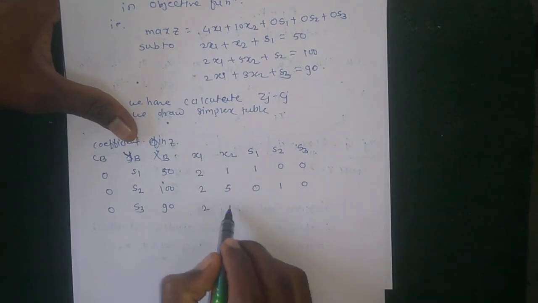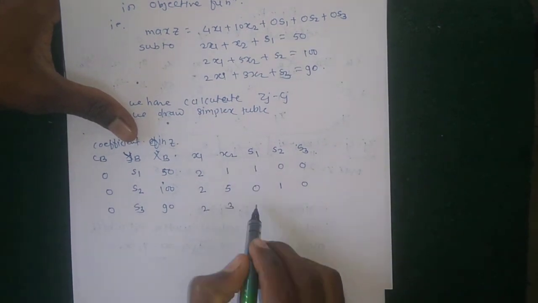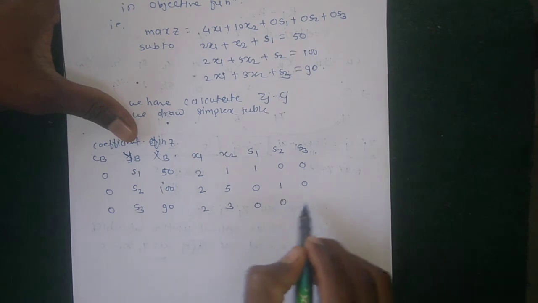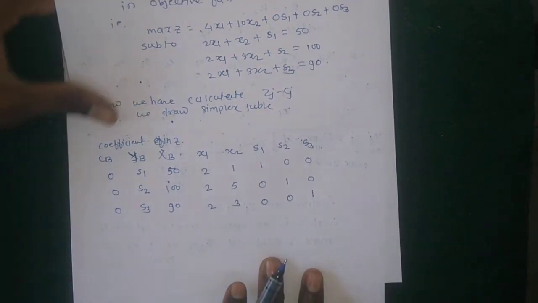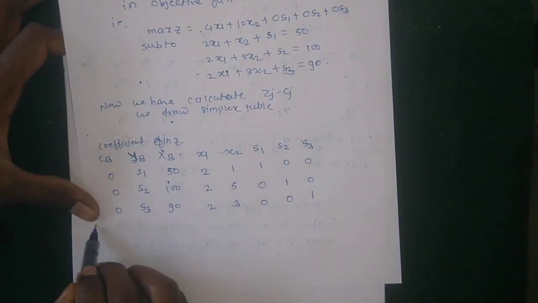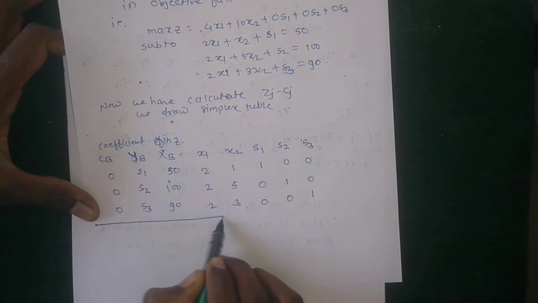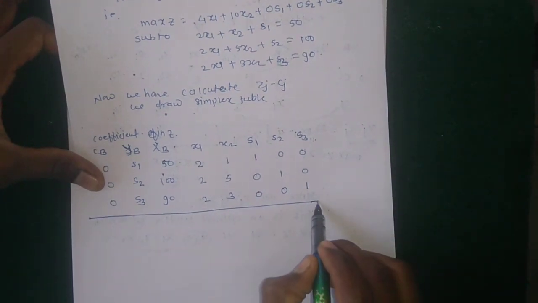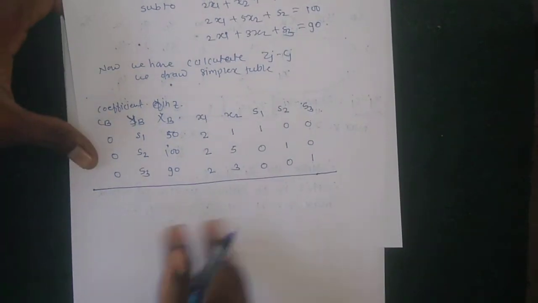Then lastly 2, 3, the coefficient of s1 is 0, of s2 is 0, then 1. Okay, in this way.